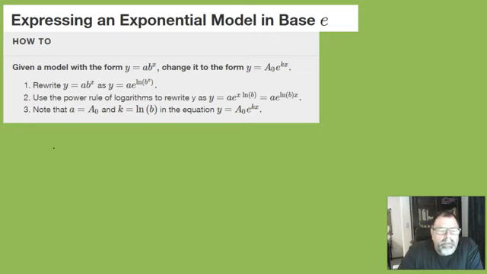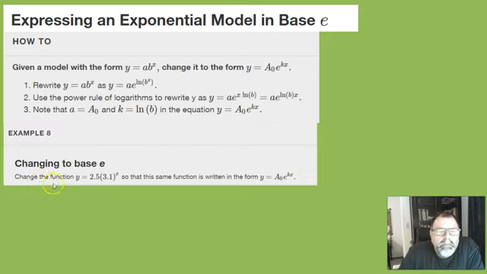Okay, so let's try this. Change the function y equals 2.5 times 3.1 to the x so that the same function is written in the form y equals a sub 0 e to the kx. So this a, which is 2.5, is going to be a sub 0. So those are the same.